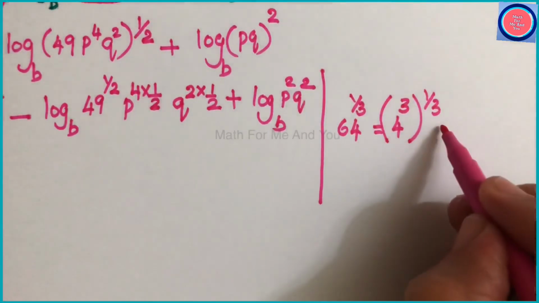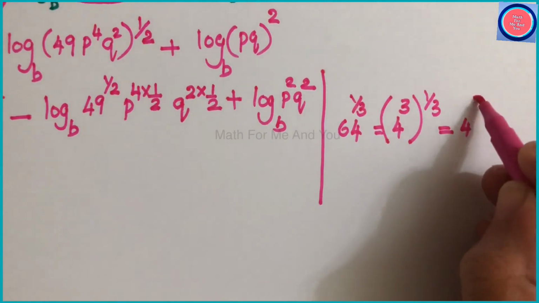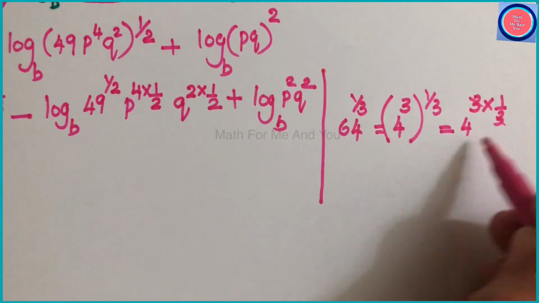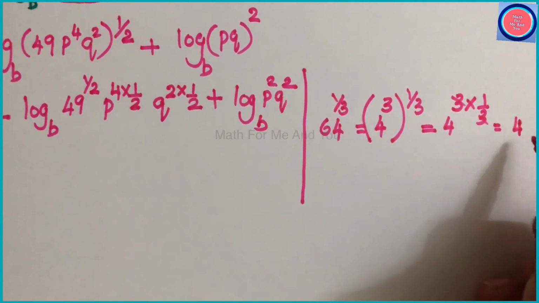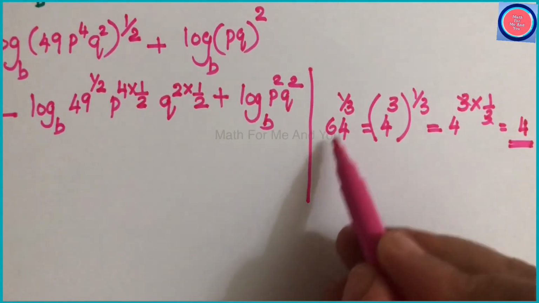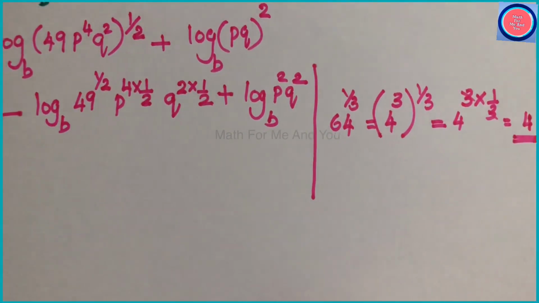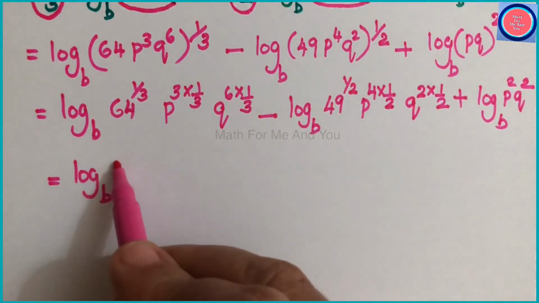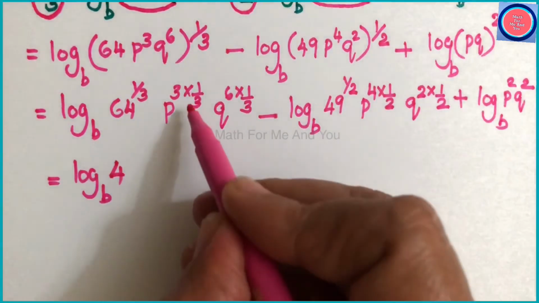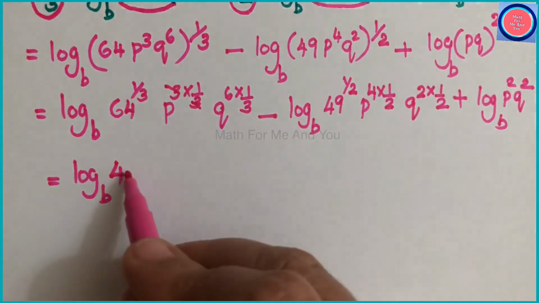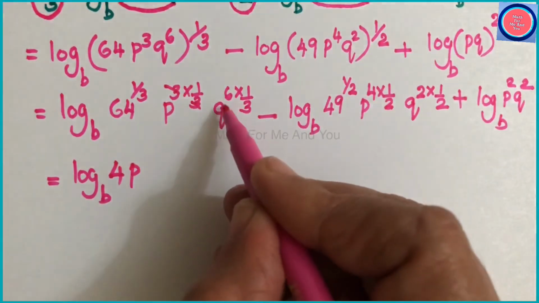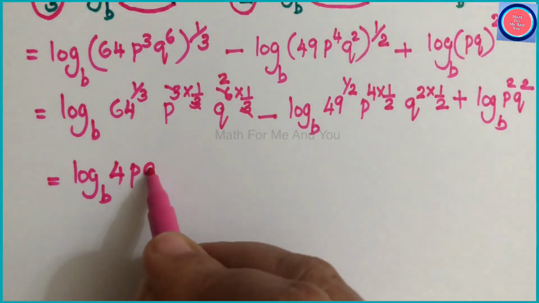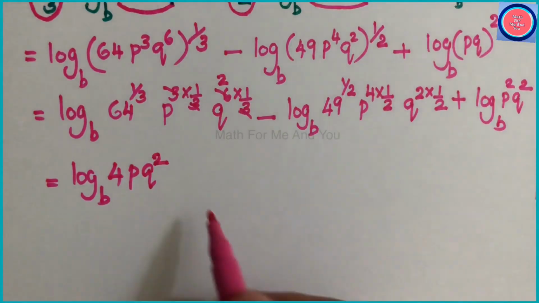If two powers come together, we multiply the powers: 4 power 3 times 1 over 3. 3 and 3 cancel, so we get 4. That means we can replace 64 power 1 over 3 with the number 4. We write here 4. P power 3 times 1 over 3: 3 and 3 cancel, so we get only p. Q power 6 times 1 over 3 gives q to the power 2. Minus.